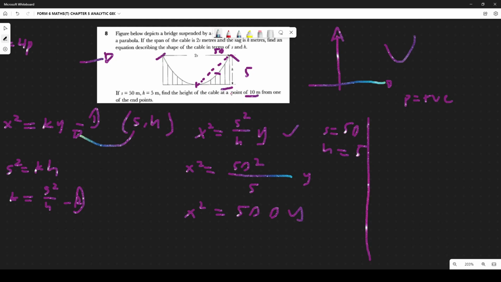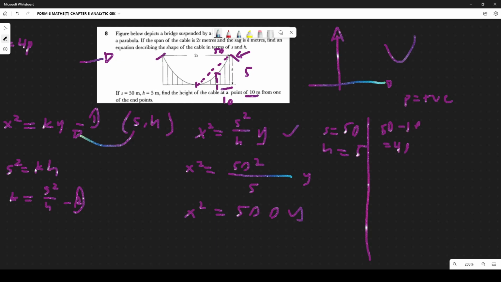Let's say this is 10. So they want us to find this h. If it's 10 meters from one endpoint, and we said that s equals to 50 is the maximum boundary, then that's 50 minus 10, which is just 40.